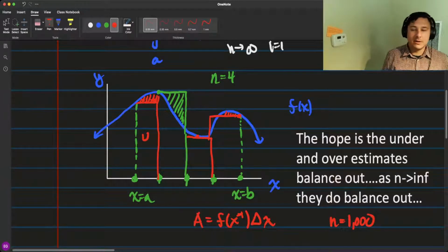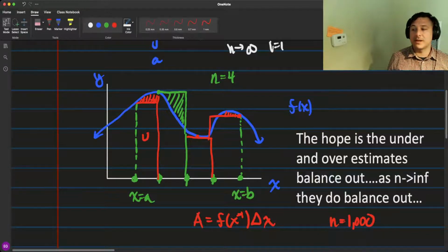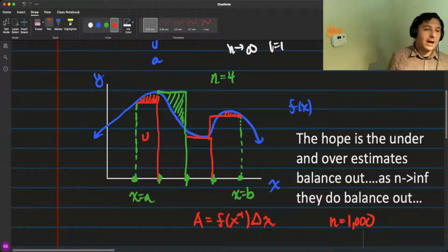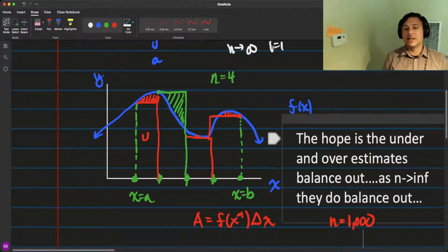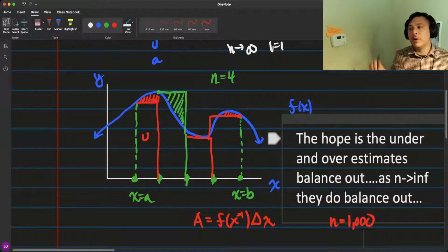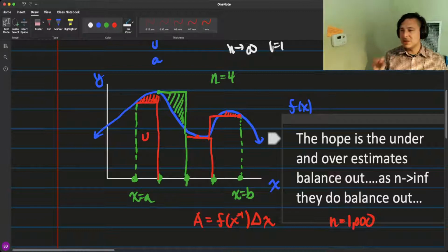I have to eventually choose how many rectangles I'm going to have the computer calculate. And the problem with doing Riemann sums like this is that for each of those little 1,000 rectangles, what if they're all overestimates? Then the answer that the computer gives you is too big. Does that sort of make sense?